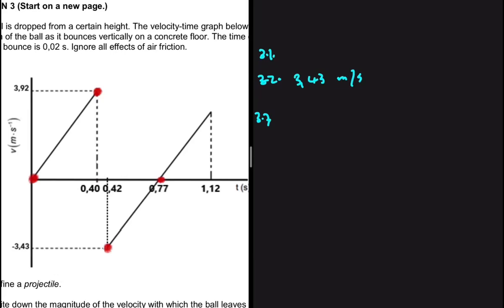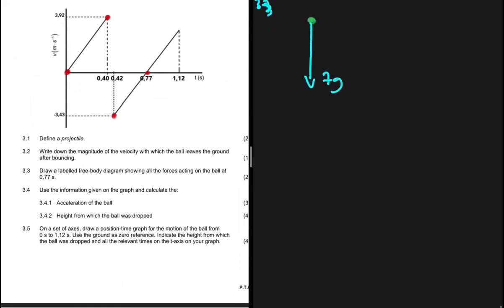So our free body diagram should look something like this. We have FG, right? And that is all that we are required to do for 3.3.